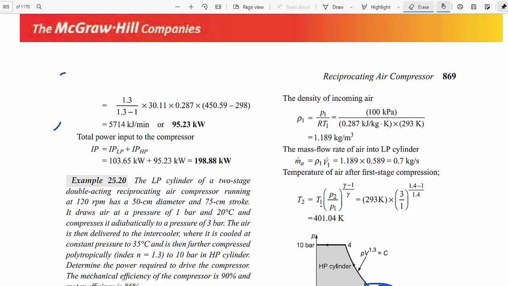Therefore, rho 1 A1 V1, so rho 1 V dot. Rho 1 is known and the volume flow rate is also known. Substituting the values, we get 0.7 kilogram per second. It's the actual or theoretical mass flow rate through the compressor. Now let's start with the PV diagram. First, you see the PV diagram.